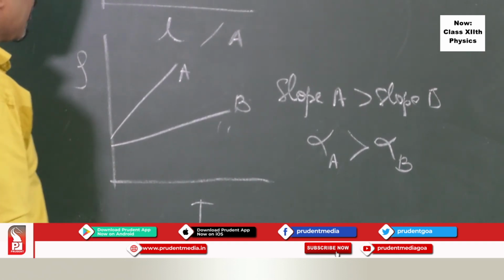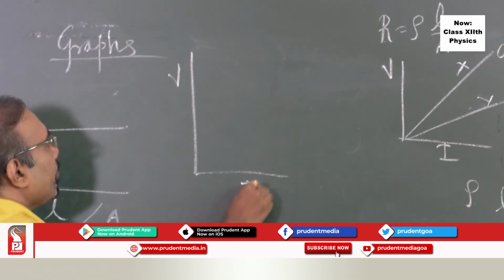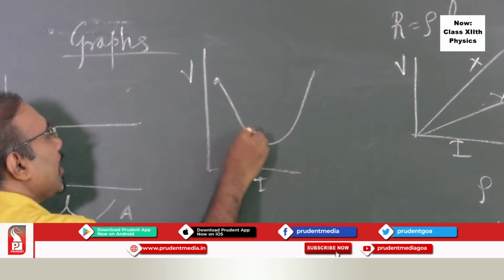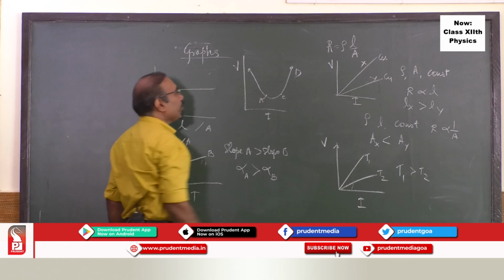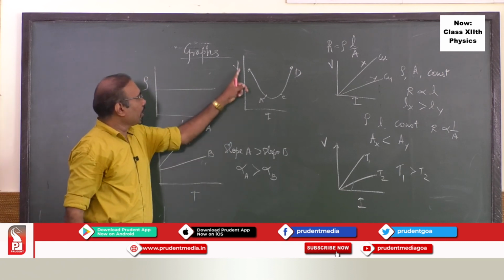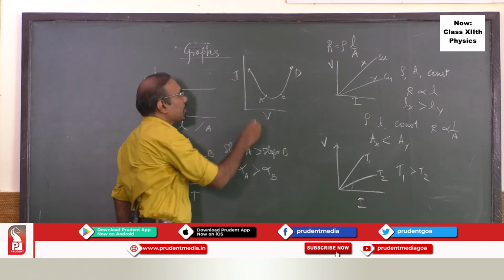Likewise, you can have a graph where you can have a negative resistance. So in which region is there a negative resistance? We can take voltage versus current or current versus voltage.